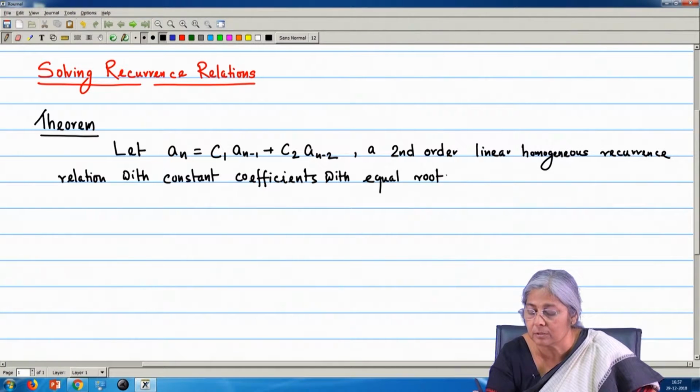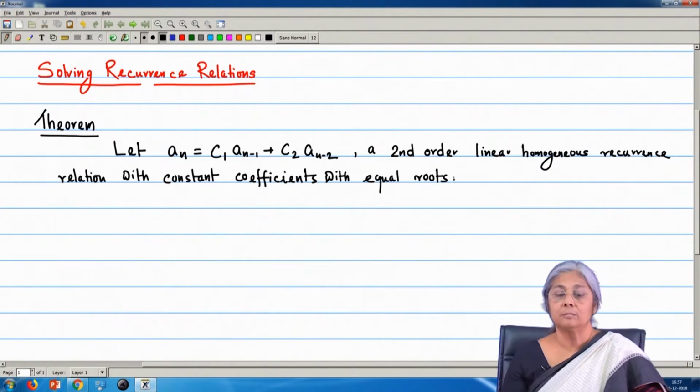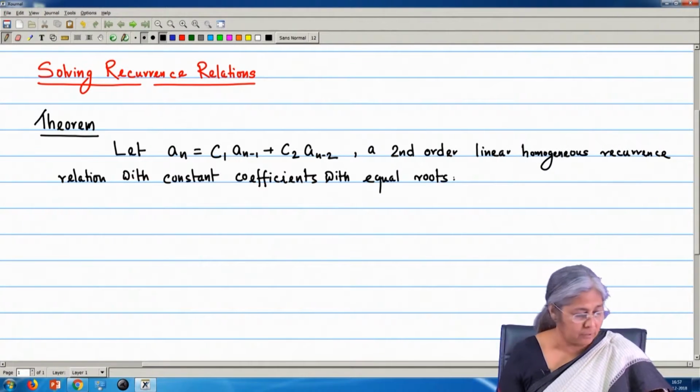Roots are equal. Last lecture what we have done was the case where the roots are unequal.